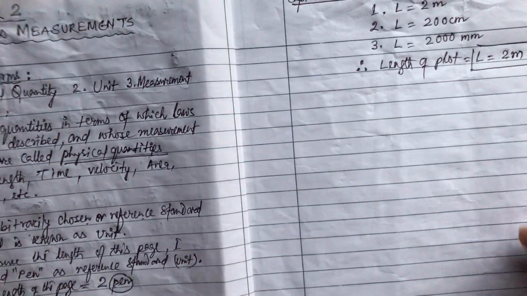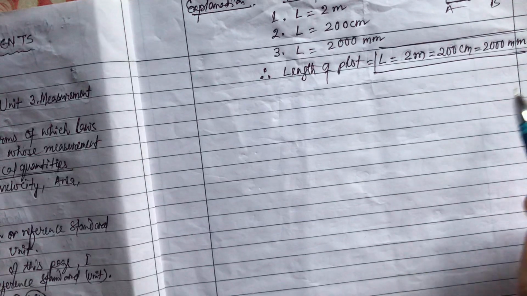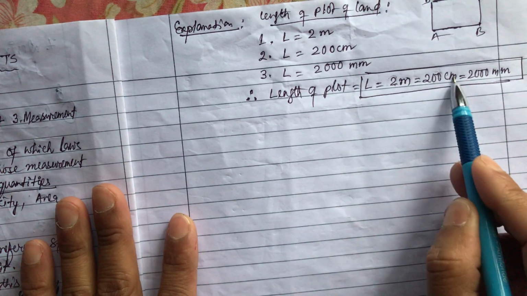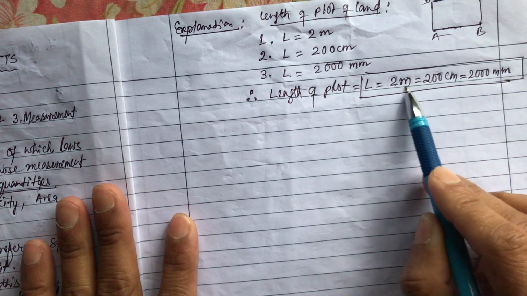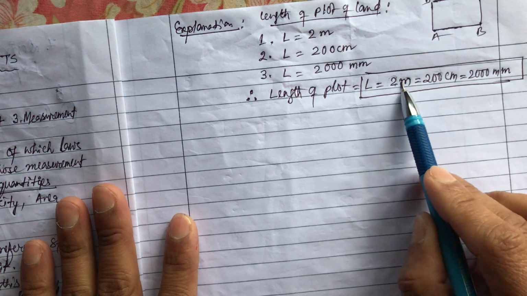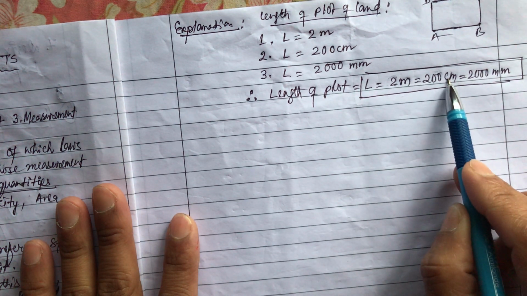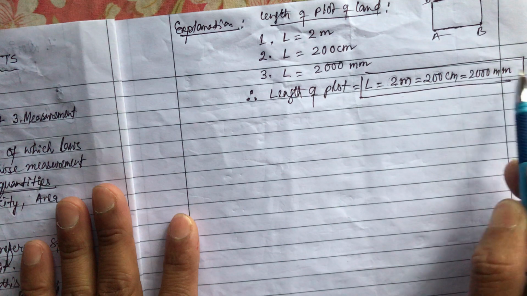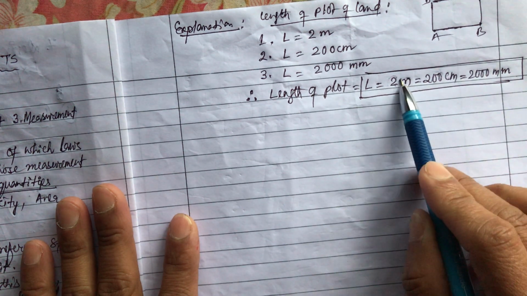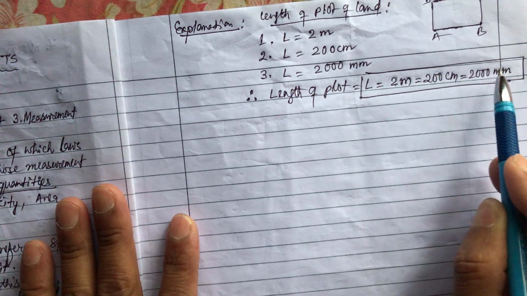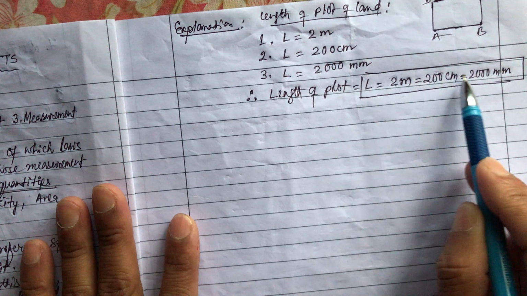Here one very important thing we find: meter, centimeter, millimeter. We know meter is a bigger unit than centimeter, and centimeter is bigger than millimeter. So this is bigger, smaller, smaller; the unit is in decreasing order.